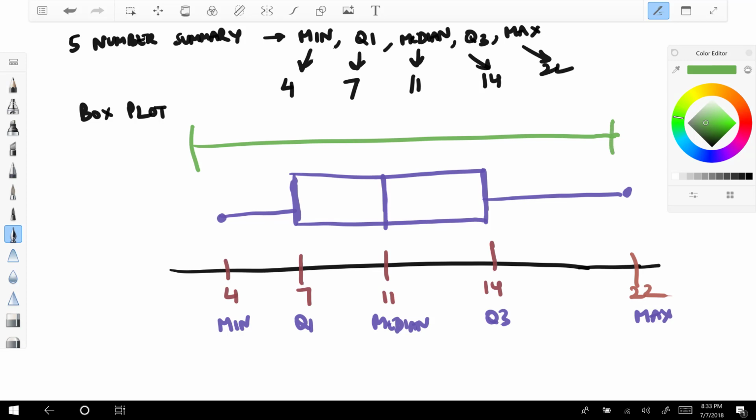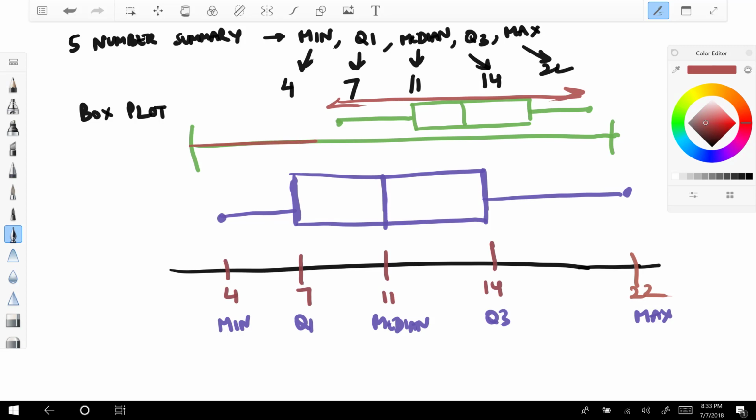So if I have another box plot like this, for example, clearly this spread is less than this spread.